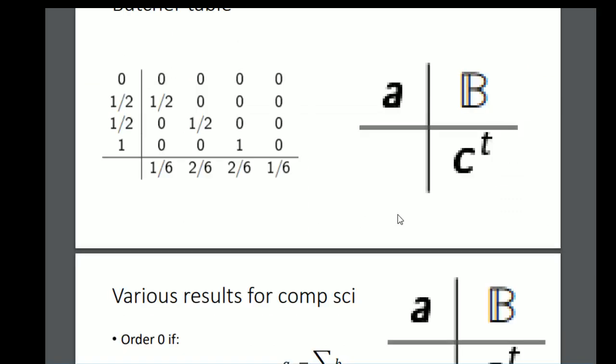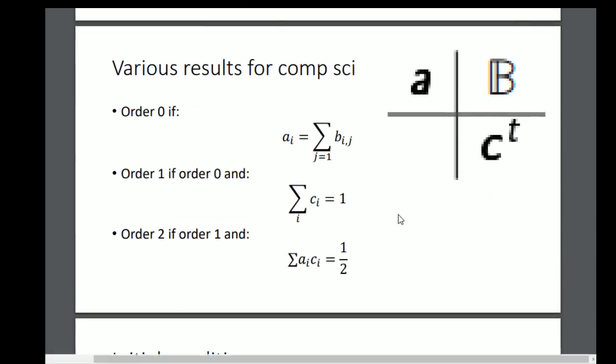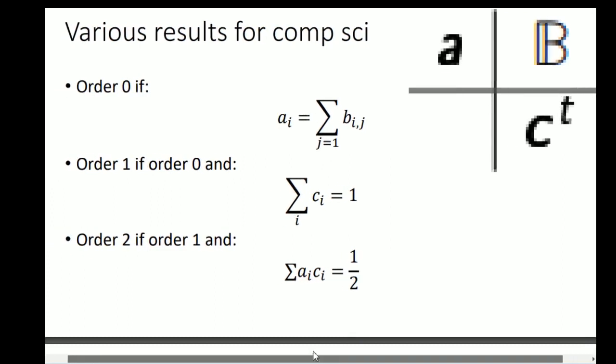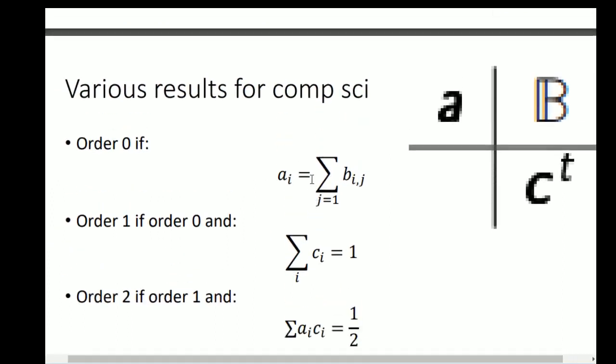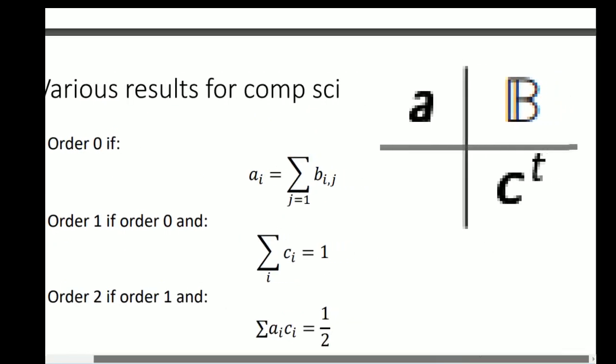Now, various results for people in computer science. So if all the values ai equal the sum over i, if you sum each line, you get order 0.